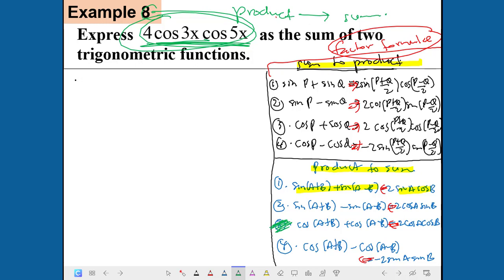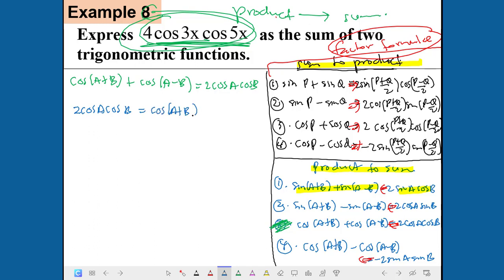We're going to use cos(A+B) plus cos(A-B) equals 2 cos A cos B, or 2 cos A cos B is equal to cos(A+B) plus cos(A-B).